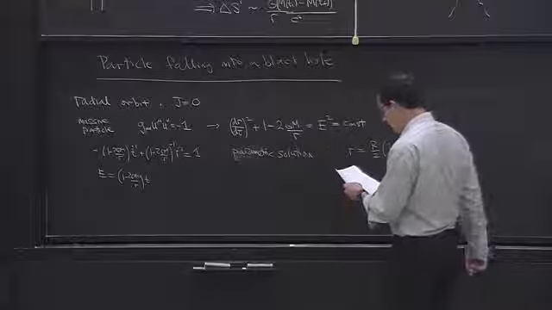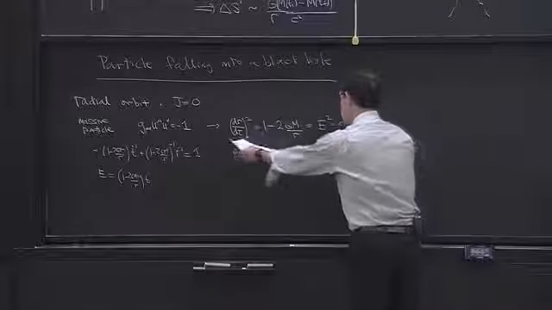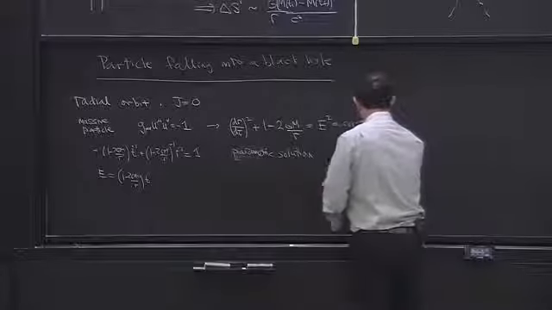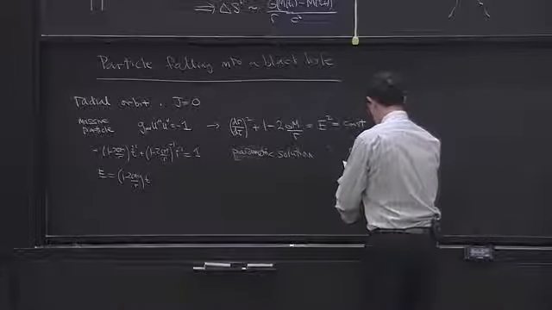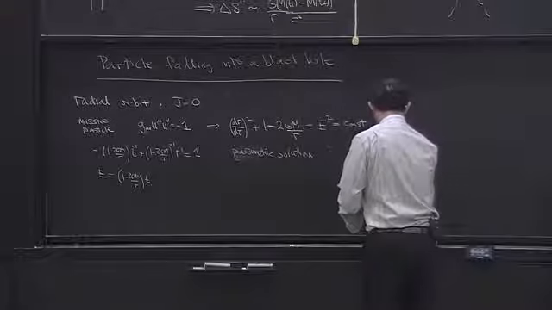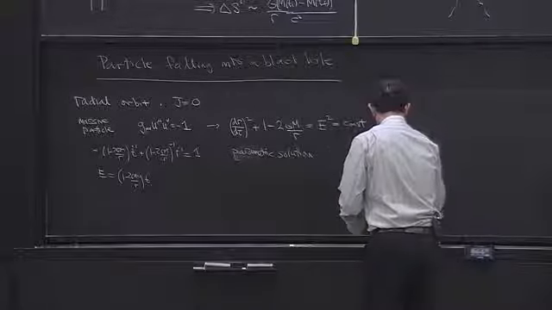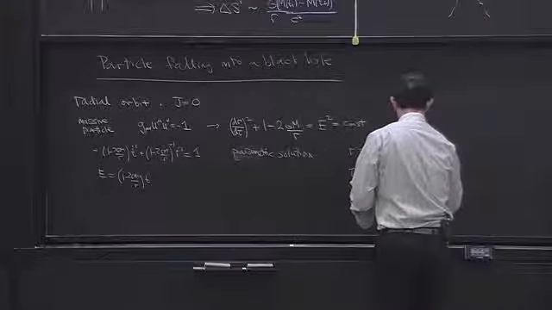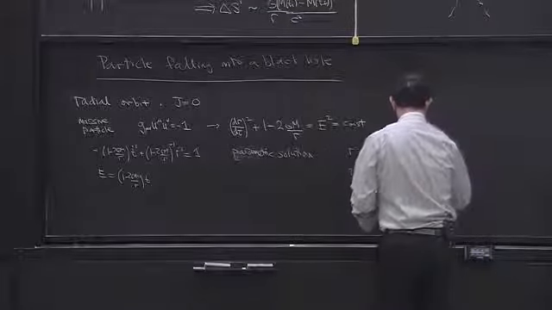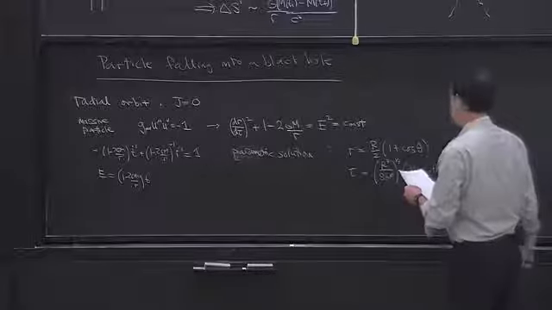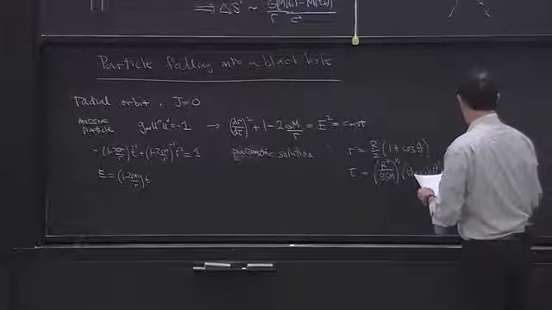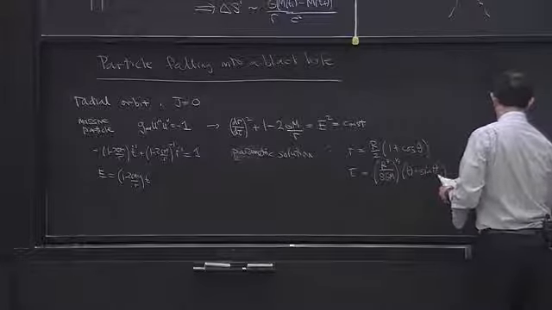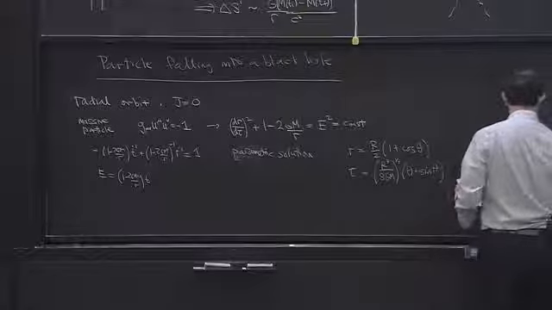So R is a function of theta, but tau, the proper time, is also a function of theta. Tau is equal to (R cubed over 8GM) to the 1/2 times (theta plus sine theta), where R is the initial radius.